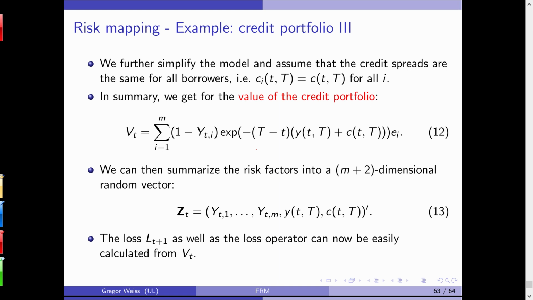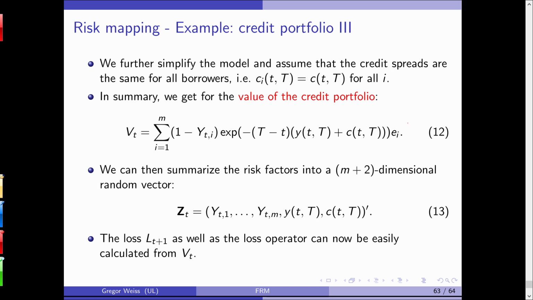Now we simplify this model. We assume that the credit spread is actually the same for all borrowers. It's not CI, but it's equal to C for all borrowers. And in summary, we get the following value of the credit portfolio. V_t is equal to the sum over i of (1 minus y) times exponential function of minus (T minus t) times (y plus c) times EI.